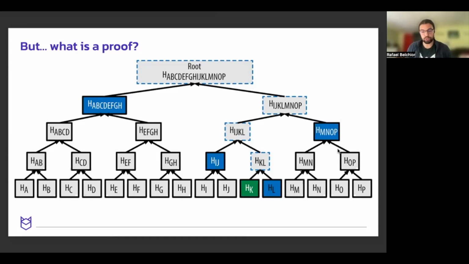So if we want to prove transaction inclusion, let's say a transaction L that is represented as a hash, the hash of L, HL, or actually we can take HK because it's the current example. We only need to provide HL, HIJ, and 2 more hashes.